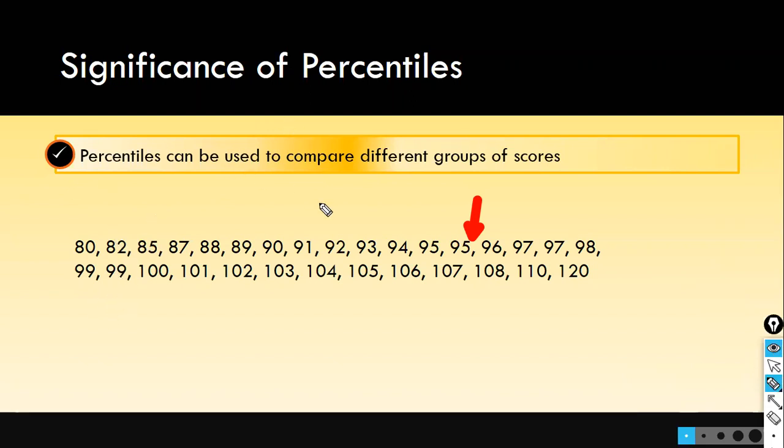Here, I am going to write the formula. Number of scores less than or equal to the specific value. In software, we use this notation, less than or equal to the specific value.